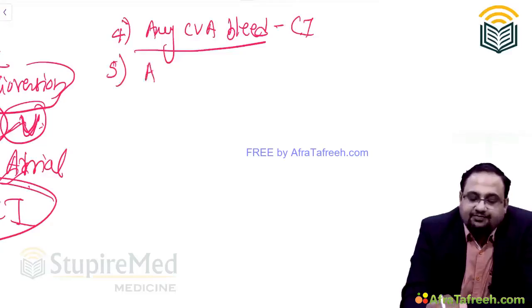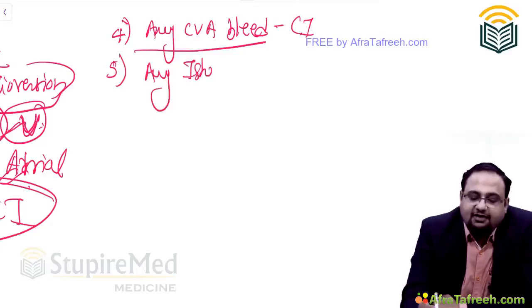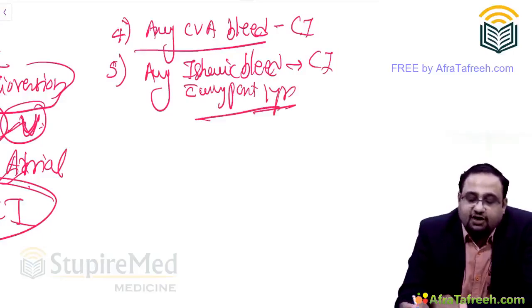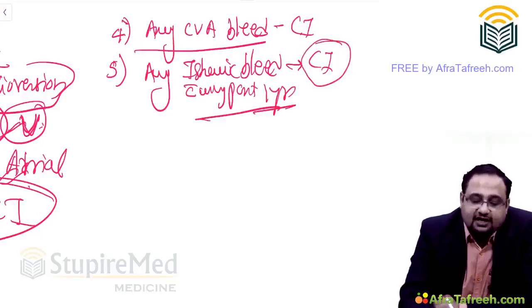Fifth, any ischemic stroke within the past 1 year, as we have told, is again a contraindication to thrombolysis.